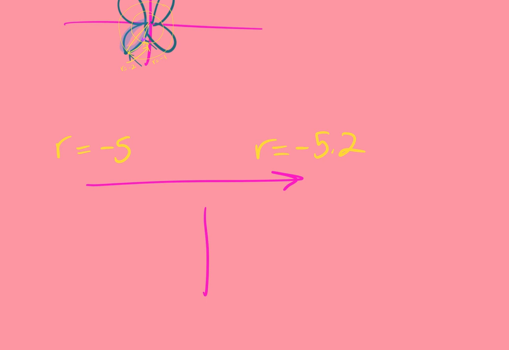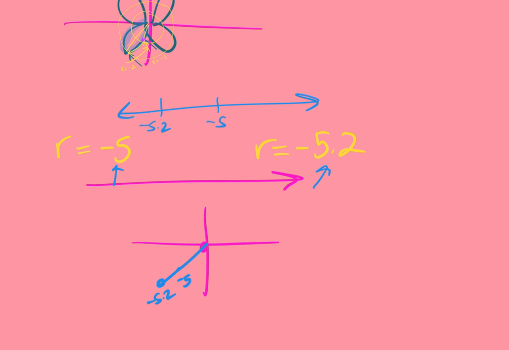Because if I have an origin, -5 is going to get hit before -5.2. So on a number line, -5 would actually be to the right of -5.2, so -5 to -5.2 is decreasing. But from your origin, the -5.2 is further than the -5, so we're moving away from it.